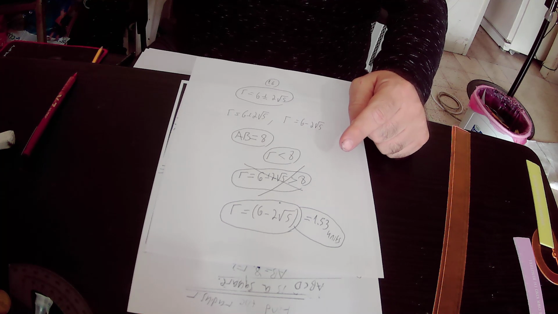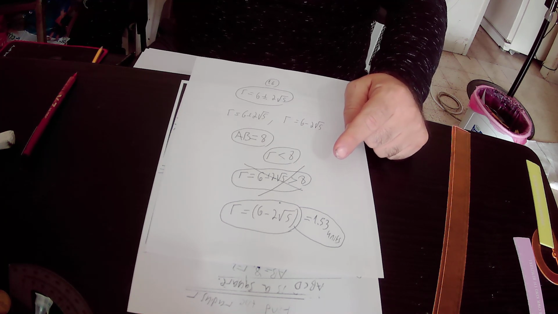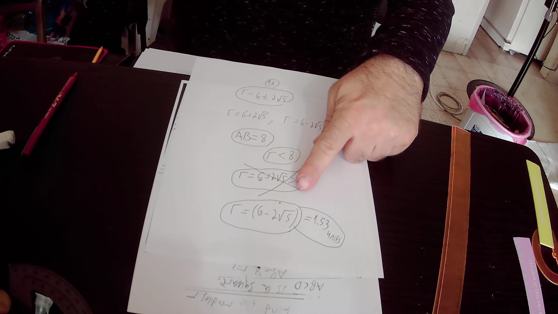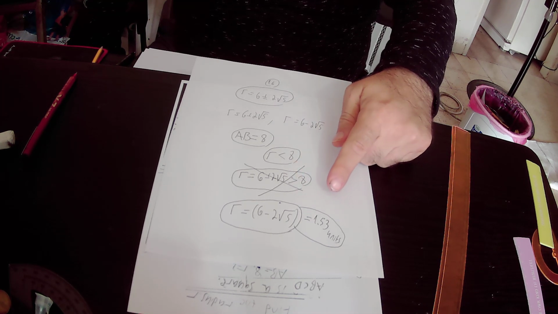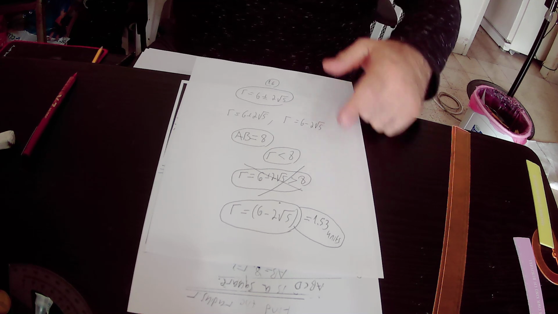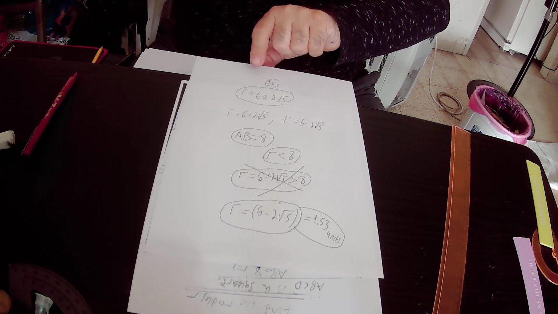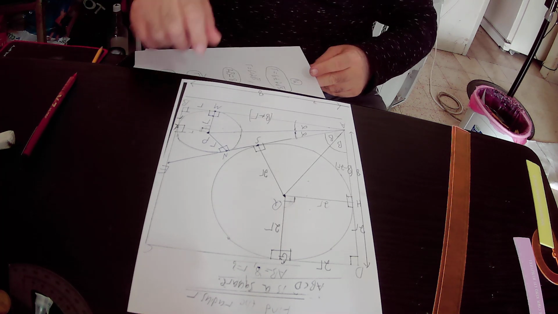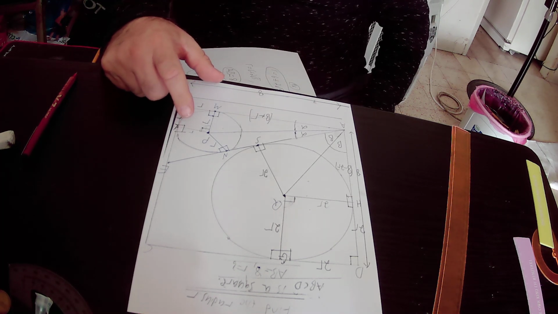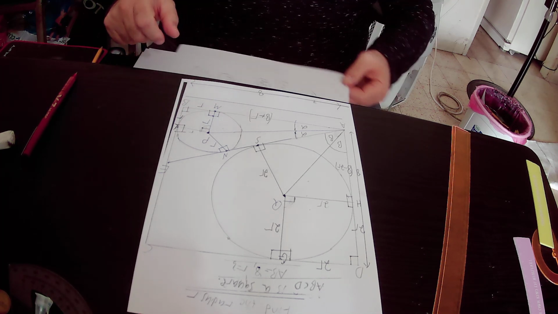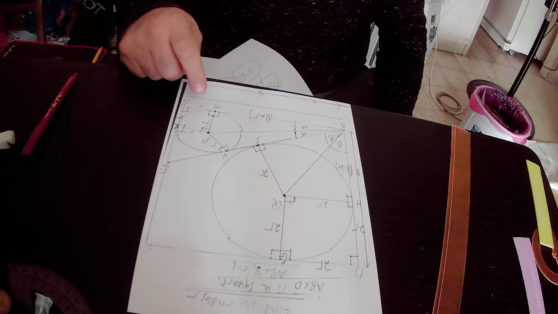Therefore, the only possibility that is left is that the radius of the small circle equals 6 minus 2 times root 5 units, or in terms of numbers, 1.53 units.